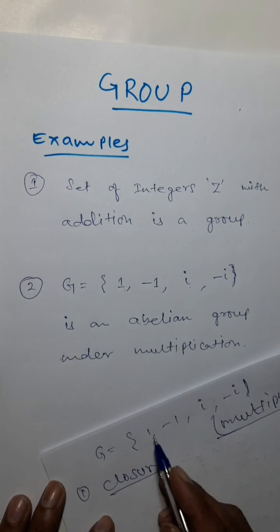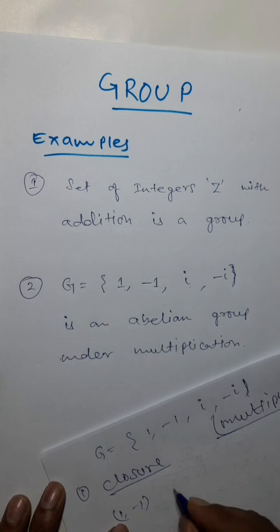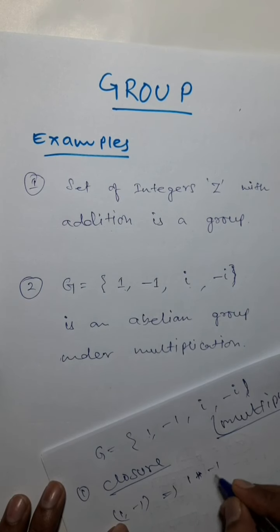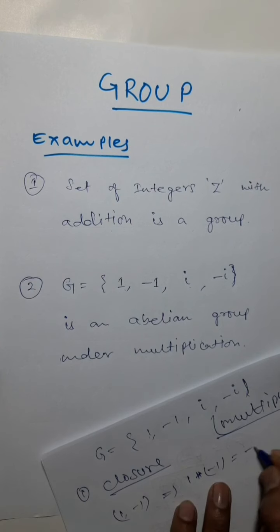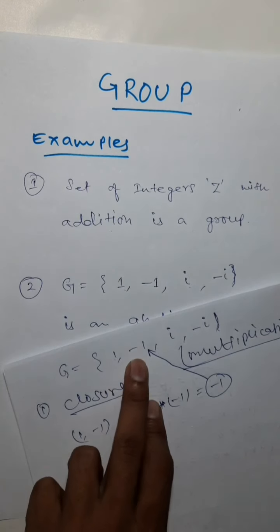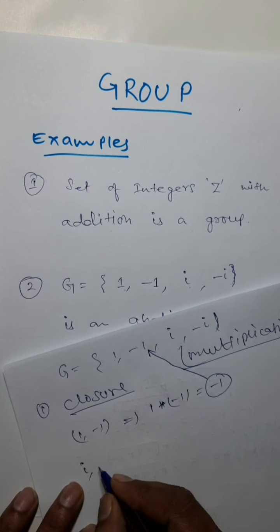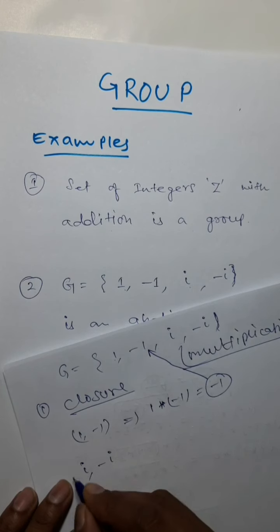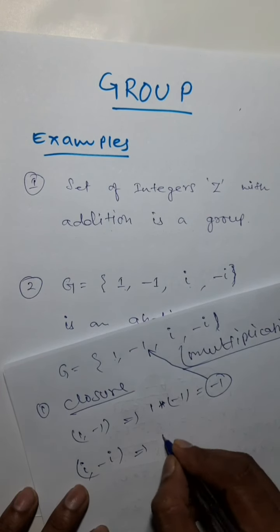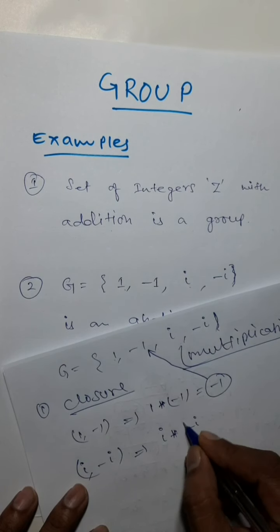So closure: take any two numbers, let them be 1 and minus 1, and multiply these two. 1 multiplied by minus 1 is equal to minus 1. This resultant element is again in the set G, minus 1. For another pair, let it be i and minus i.